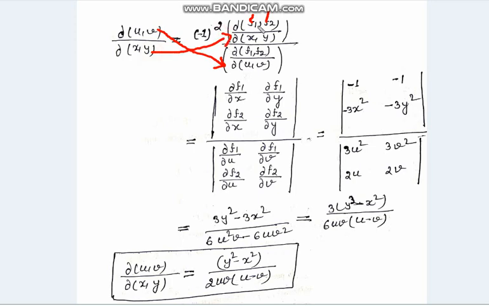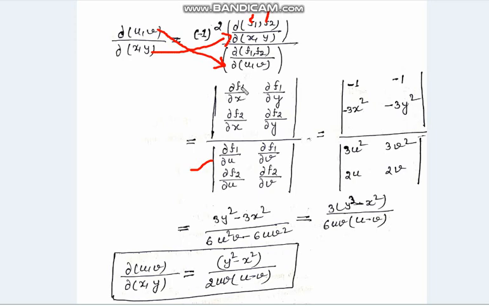We know that the Jacobian of f1, f2 with respect to x, y is calculated by this formula: f1 with respect to x, f1 with respect to y, f2 with respect to x, f2 with respect to y. And similarly the Jacobian of f1, f2 with respect to u, v is calculated by this formula.